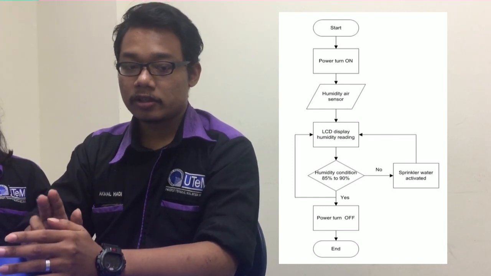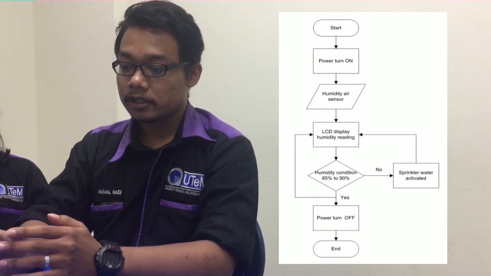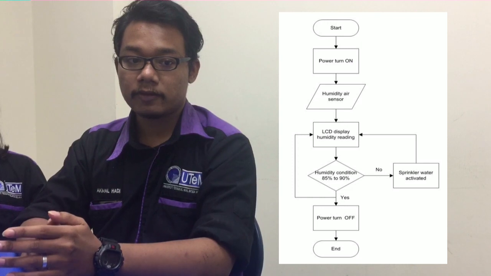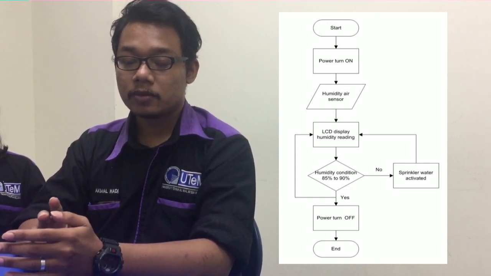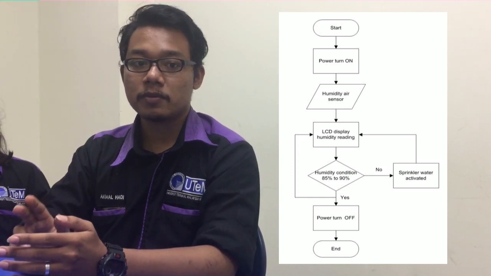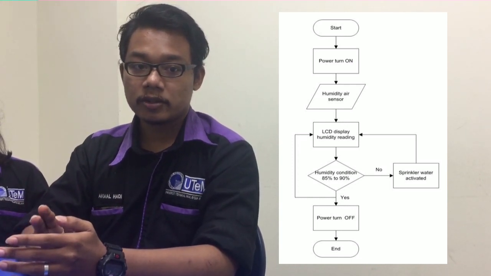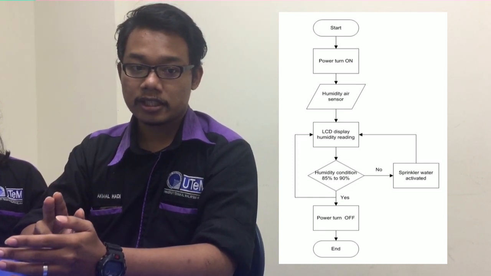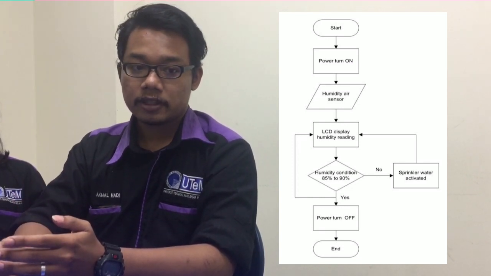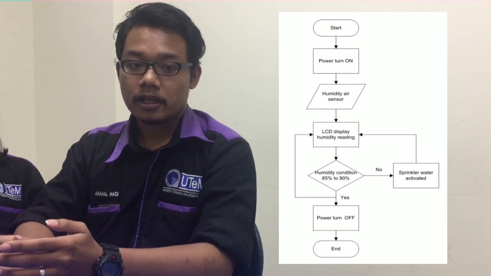But when the humidity the sensor detects is below 85%, the sprinkler water will activate and the process will be looped, with the LCD displaying the humidity reading, until the condition is achieved, and then it will turn off.